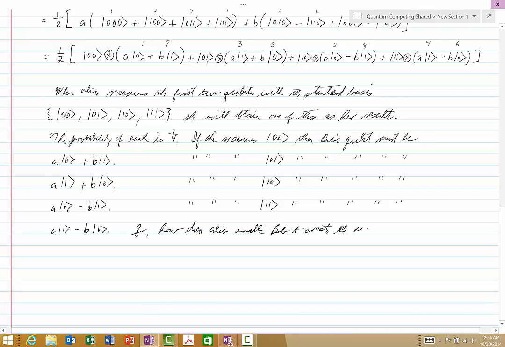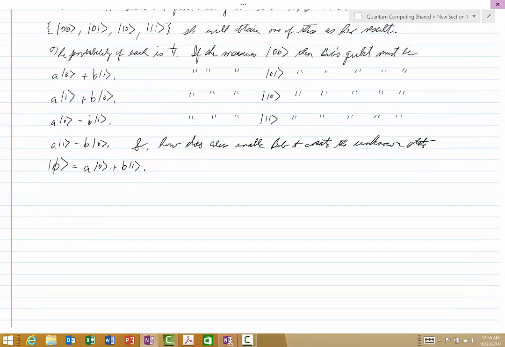So, how does Alice enable Bob to create the unknown state phi, which I will remind you was equal to A0 plus B1? Well, the answer is this.